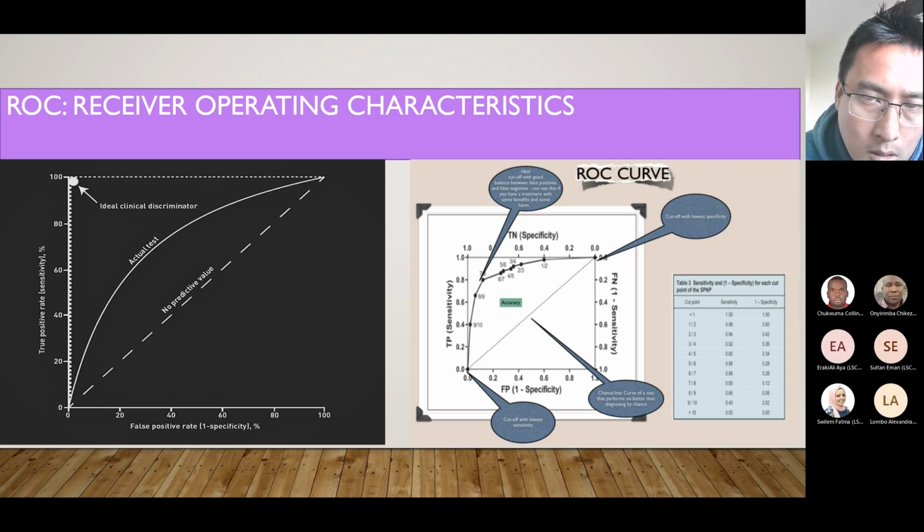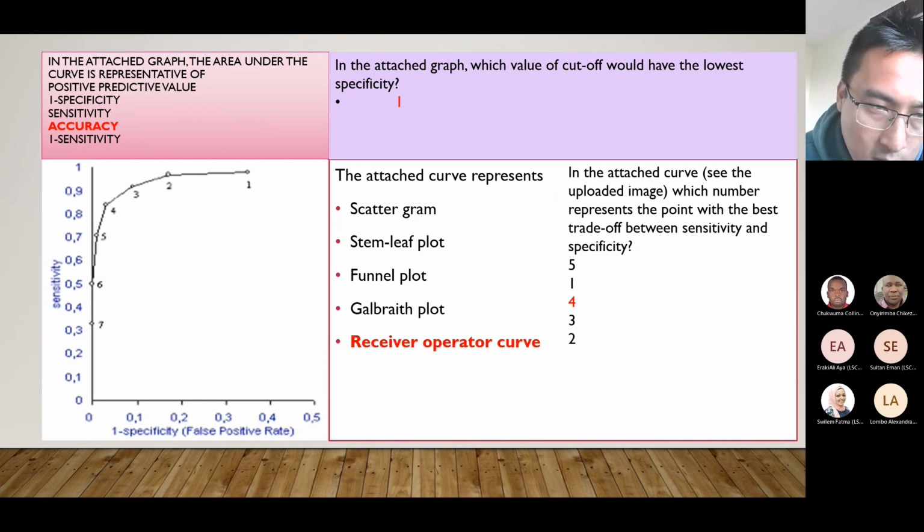So if they ask which one is the best trade-off for sensitivity and specificity, it is this tip. Number 5 is away from this one, 3 is slightly away, and 4 is closer to this one. Is this clear?